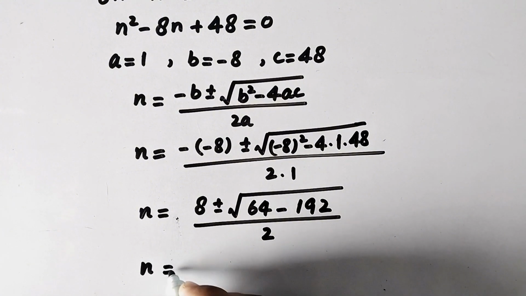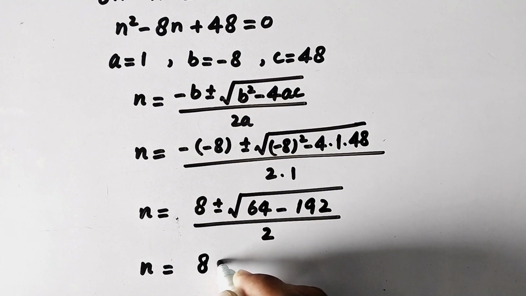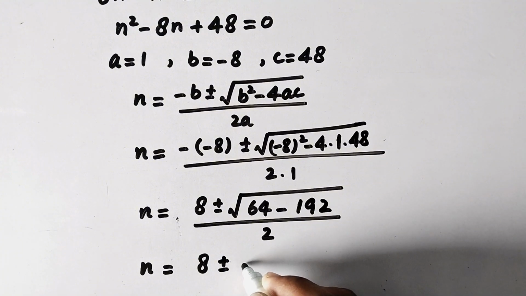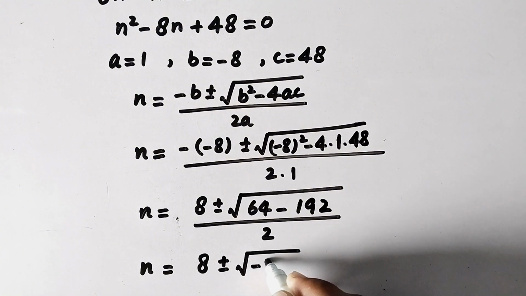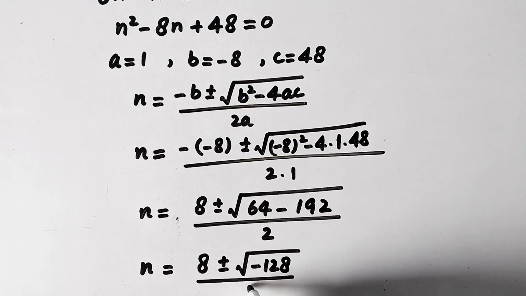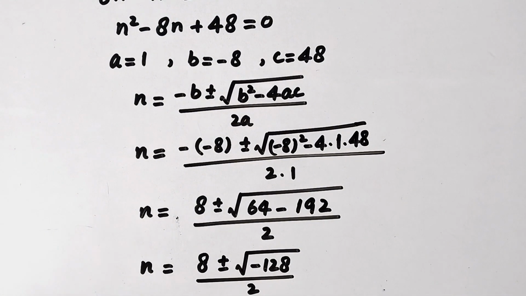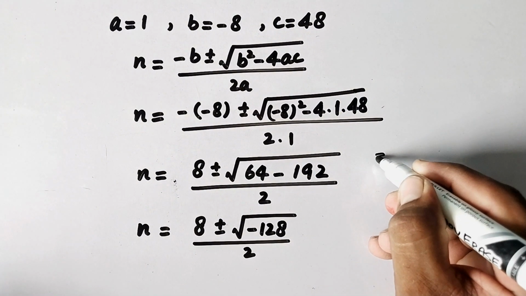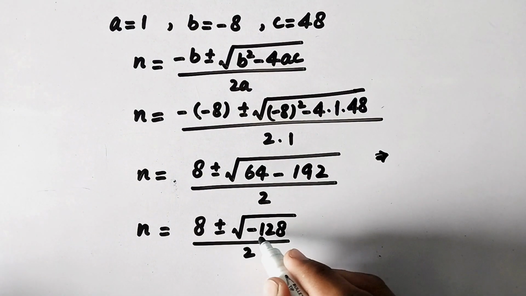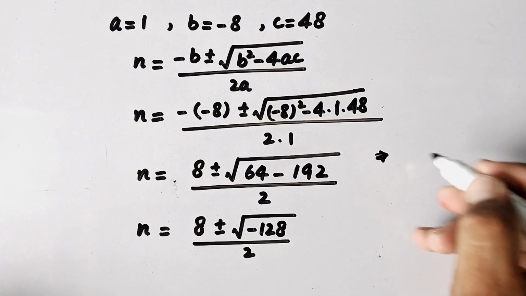Now n is equal to 8 plus or minus root of minus 128 divided by 2. And now we can simplify this root of minus 128 in this way.